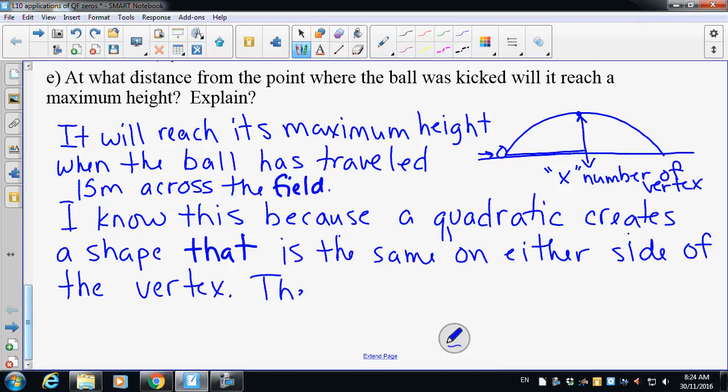The vertex is in the middle. So if I know the x-intercepts, the middle is easy to find.